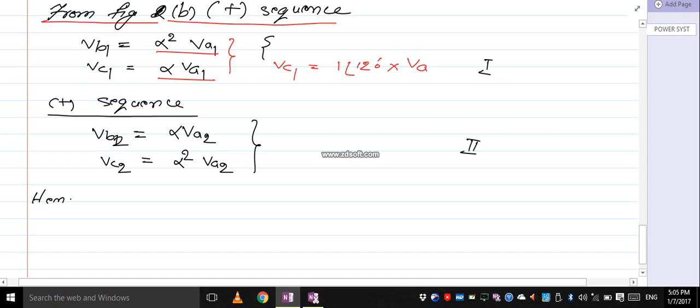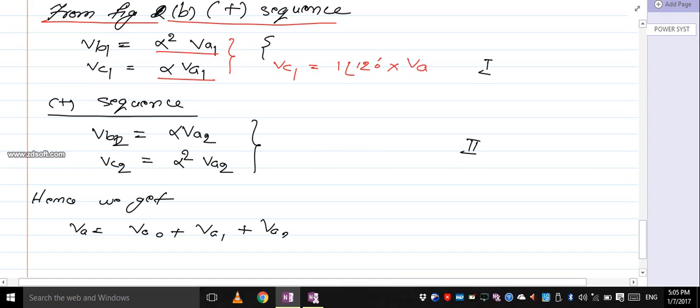Hence we get VA is equal to, as you already know from Fortescue's theorem, VA0 plus VA1 plus VA2.